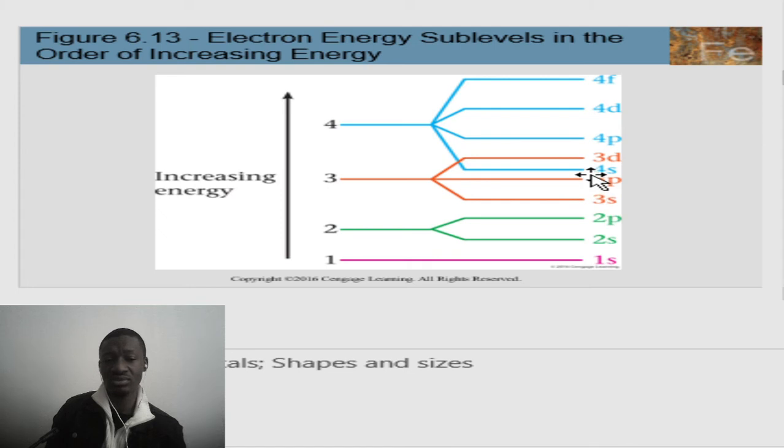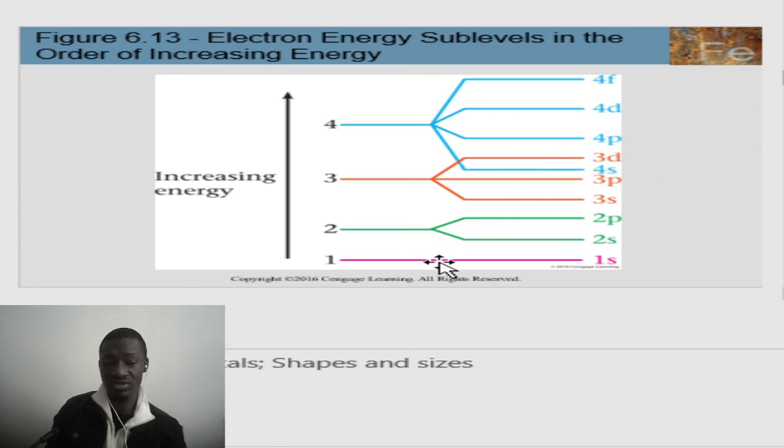Then you notice that 4s, because the s orbital is not as strong as the d orbital, is pushed down, and it's the only one that follows after the 3p, and then you have the 3d, 4p, 4d, and 4f. You have those interjections here, so it's the only one that slots itself in between.